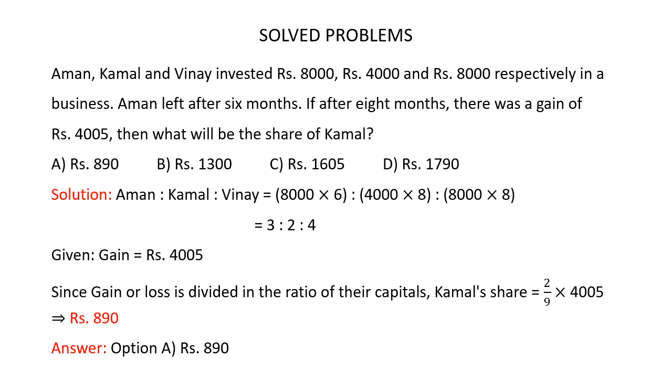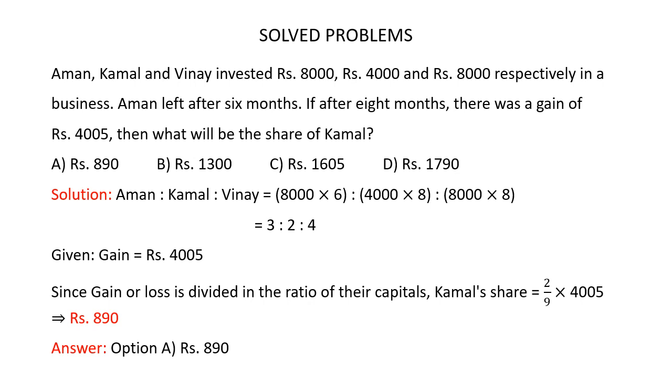Kamal invested 4,000 for 8 months and Vinay invested 8,000 for 8 months. So the ratio of investment of Aman, Kamal and Vinay is 8,000 multiplied by 6 is to 4,000 multiplied by 8 is to 8,000 multiplied by 8. On solving this, we get the ratio of investment of Aman, Kamal and Vinay as 3 is to 2 is to 4.